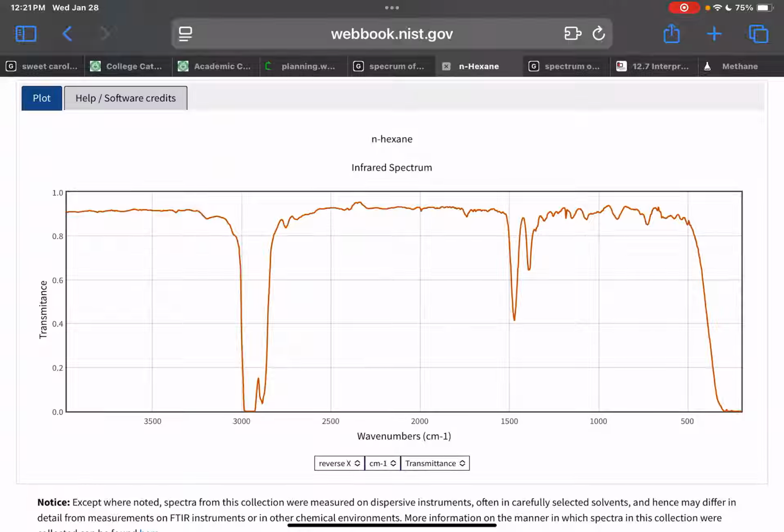Now remember what I said, that the vertical axis was going to be measured in transmittance. So here we have 1.0 down to 0.0, where 1.0 corresponds to 100% transmittance, or no absorption.